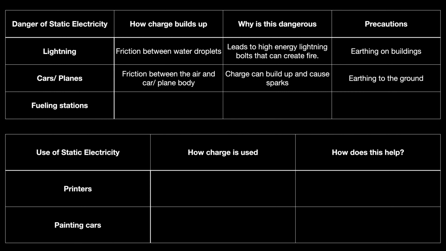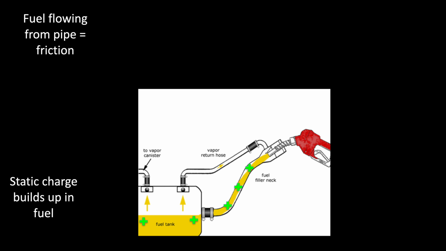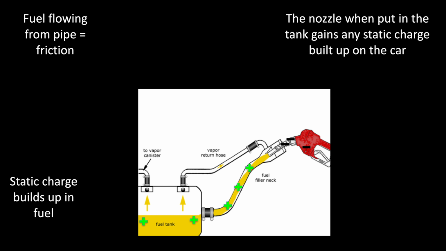Now let's take a look at fueling stations. In this case, we see fuel flowing through the pipe into the fuel tank. Now, as this flows through, it rubs against the material on the fuel tank. This friction causes charge to build up. As this charge builds up, we risk sparks forming.